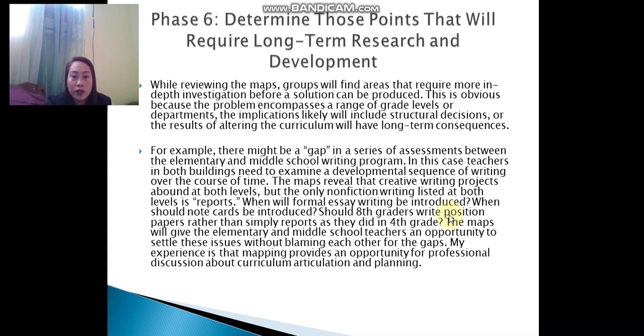So when will formal essay writing be introduced? When should note cards be introduced? Should 8th graders write position papers rather than simply reports as they did in 4th grade? The maps will give elementary and middle school teachers an opportunity to settle these issues without blaming each other for the gaps.